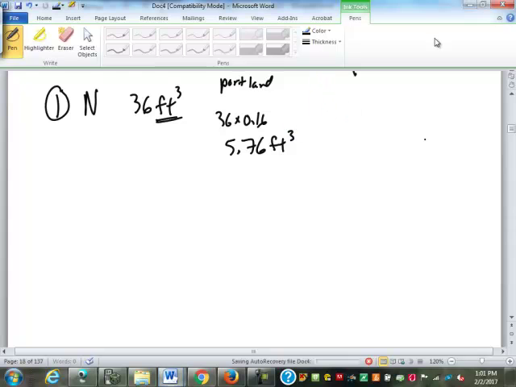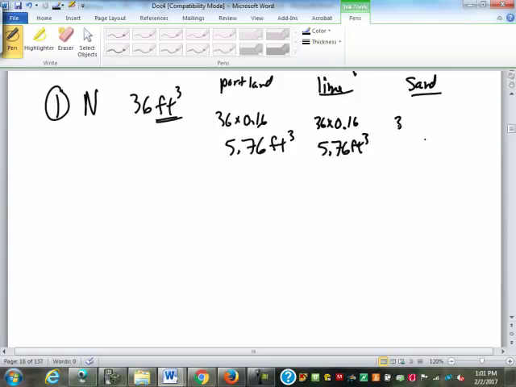So now the lime comes next. The lime is 36 times, also 0.16. So 5.76 cubic feet of lime. Now sand, there's just a little bit of a caveat. What do you see that's different on the sand label? It says cubic yards.